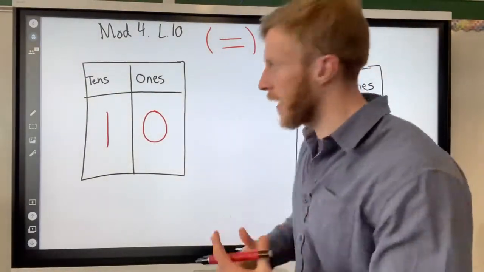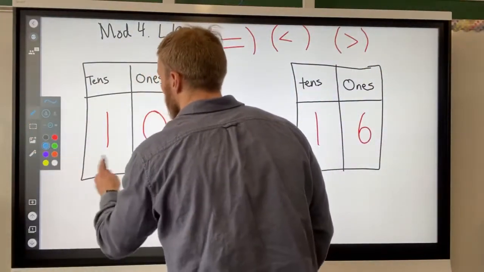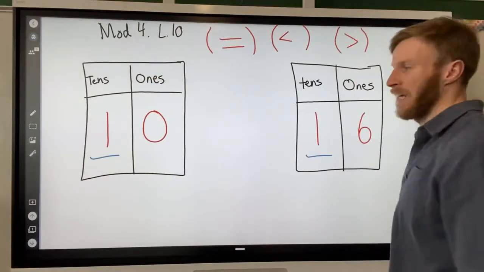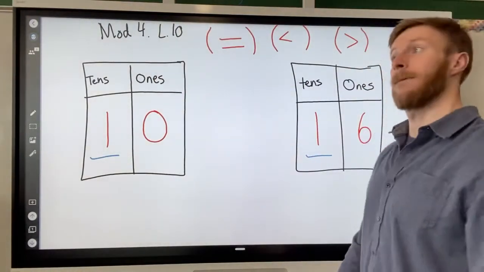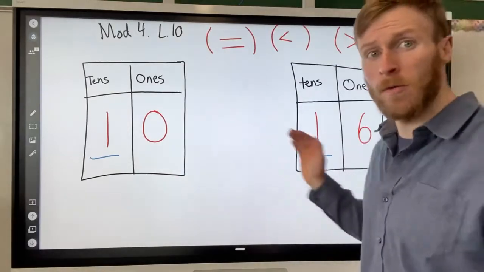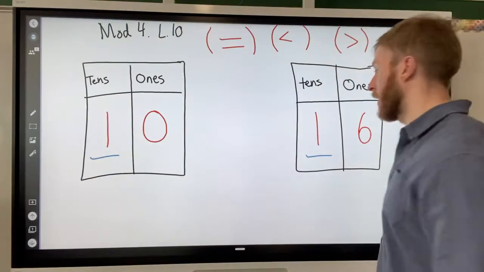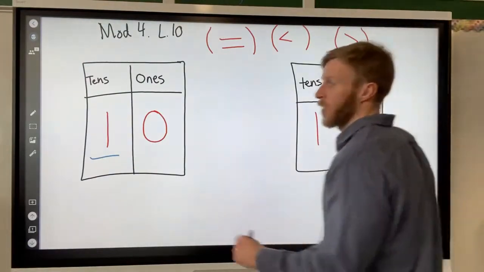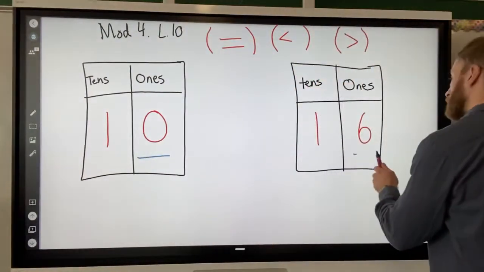So let's look at our tens place first, which means we're going to be looking at this one and this one. Which one is bigger? Or are they equal? They are equal. Both numbers have 1 ten. We have one here and then we have one here. Okay, so we can't tell which number is bigger by looking at the tens place, which means we have to come over to the ones place.